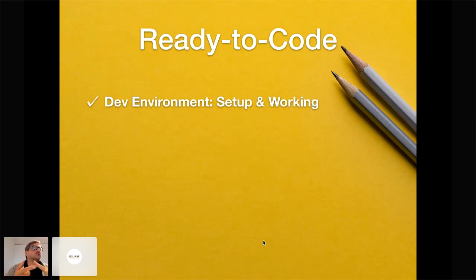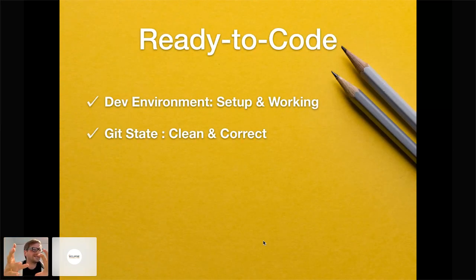And the definition of ready to code is that the dev environment is set up and working. That means you have installed all the tools, and then you have a proper Git state. That means that obviously the Git repository is cloned, but also it's synced with the remotes, and it has checked out the right branch that you need for the task you want to do.